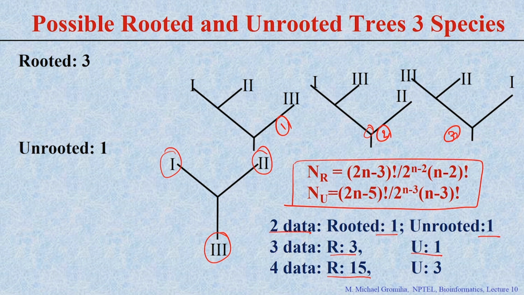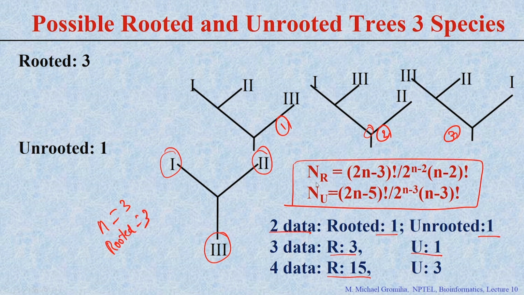For example, if you have 3 data, how many rooted trees? (6 minus 3) equals 3 factorial, which is 6, divided by 2 to the power (3 minus 2), equal to 1, into 1 factorial, 1. So this is equal to 3 by 1, that is equal to 3. Here n equals 3, so the number of rooted trees equals 3.